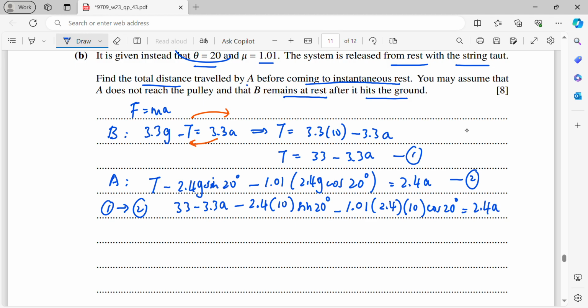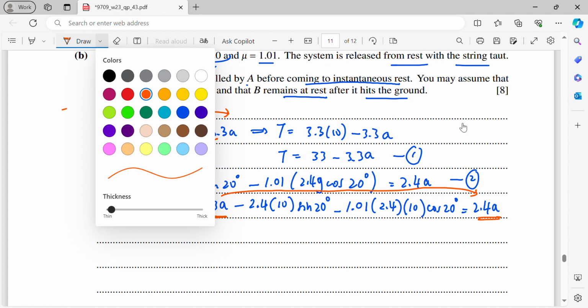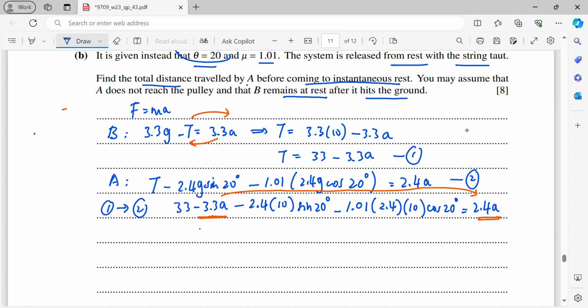Now, from here, you have this minus 3.3A and 2.4A. So this minus 3.3A will be moved to one side. I will write the A first, so you will be getting 2.4A plus 3.3A equals the rest of the terms.